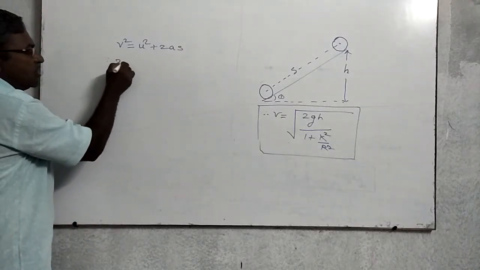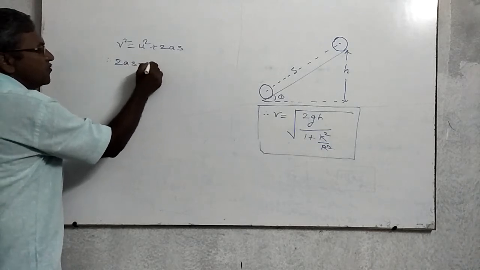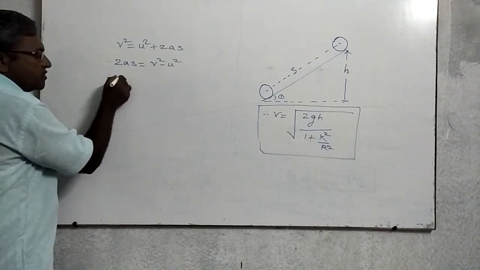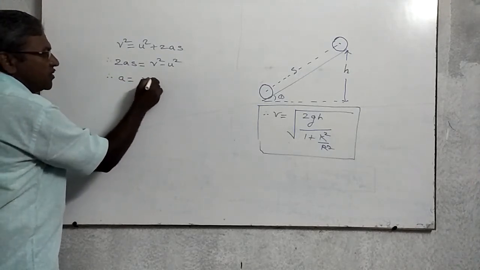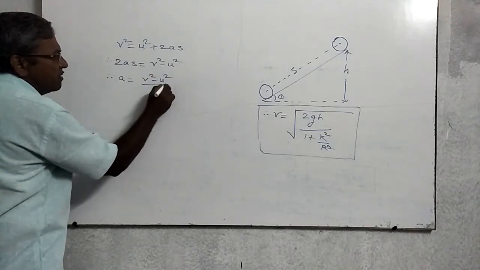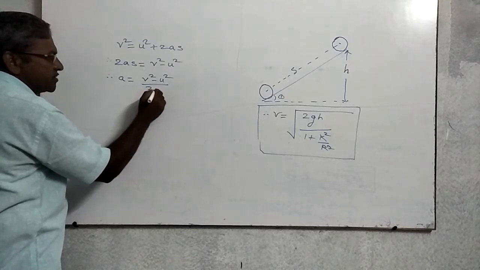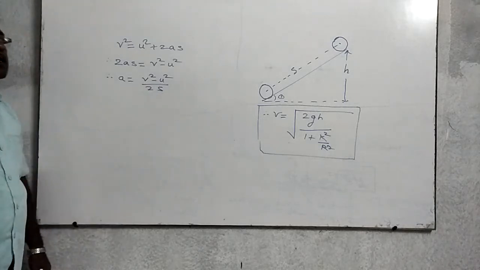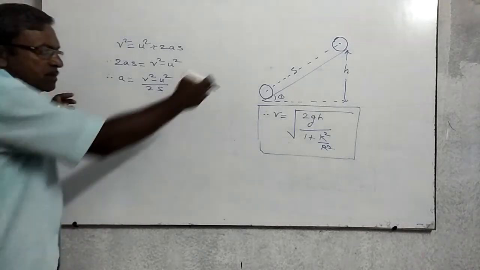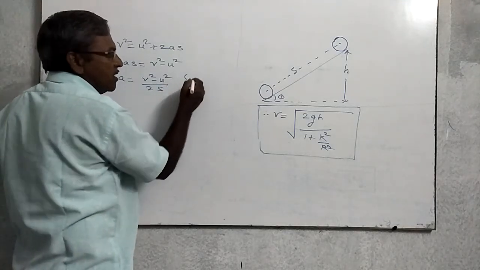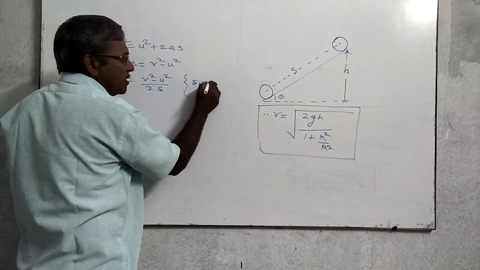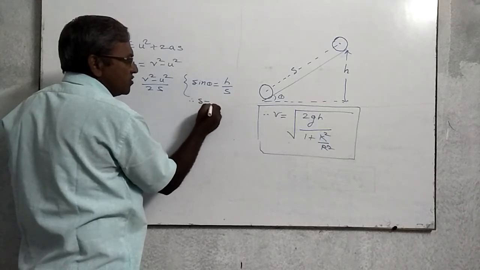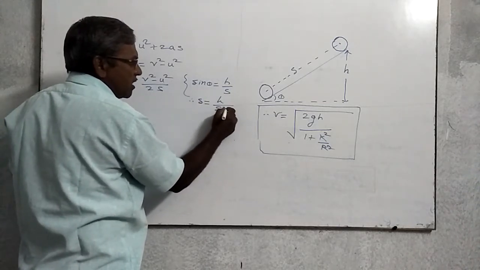So from this we can have twice as is equal to v square minus u square, or a is equal to v square minus u square upon twice s. So in this figure, sin theta is equal to h upon s. So s is equal to h upon sin theta.